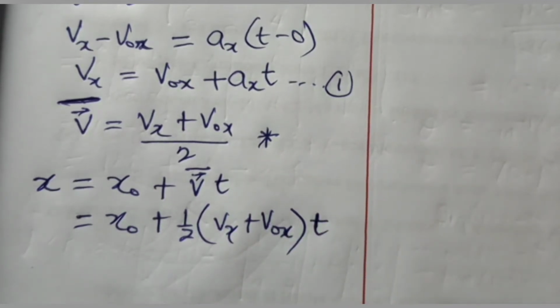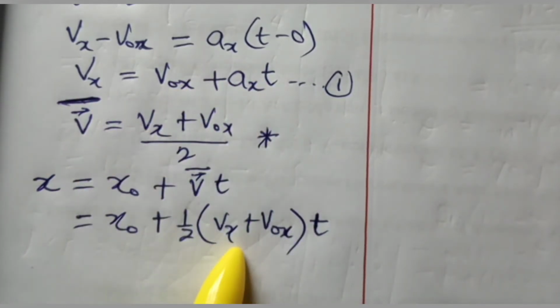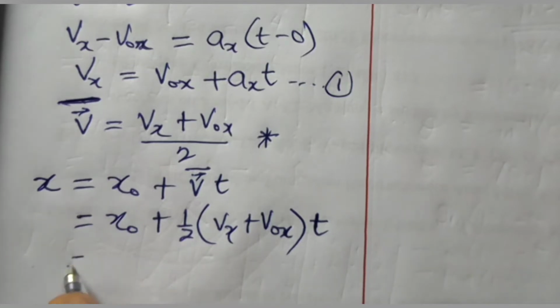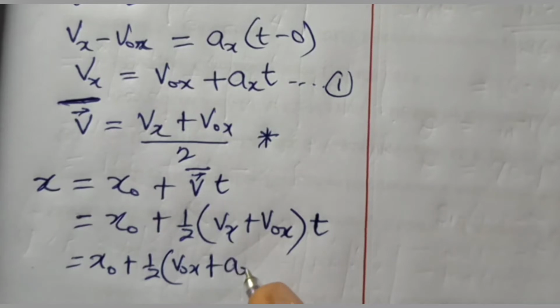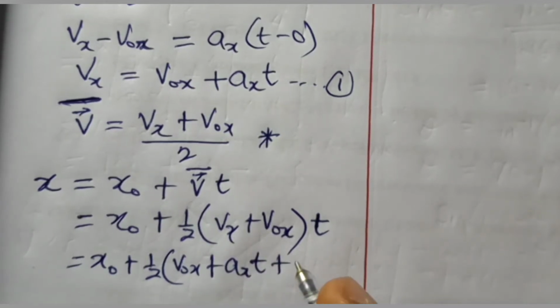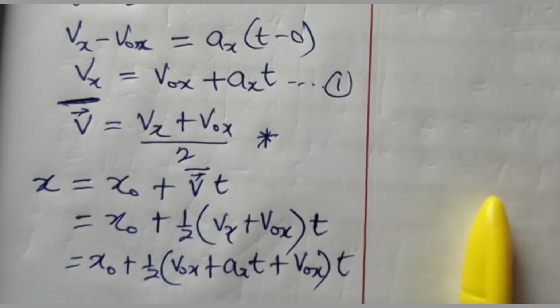If we substitute vx from equation 1 here, we have x0 plus half (v0x plus ax t plus v0x) times time.